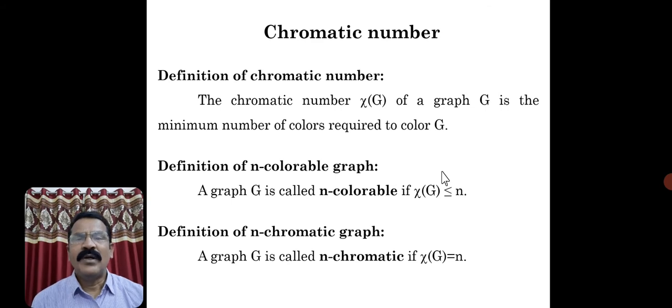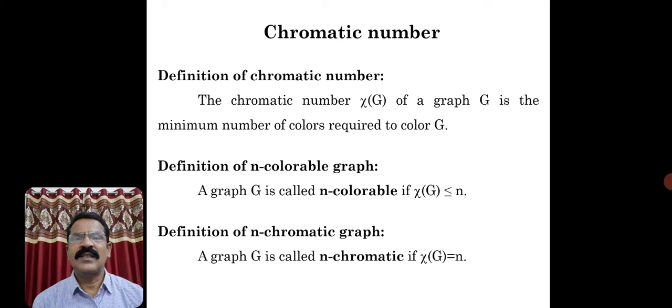The chromatic number denoted by χ(G) of a graph G is the minimum number of colors required to color G. It's very interesting. What do you mean by coloring of a graph? That already we know.